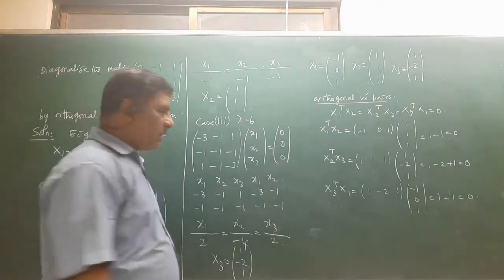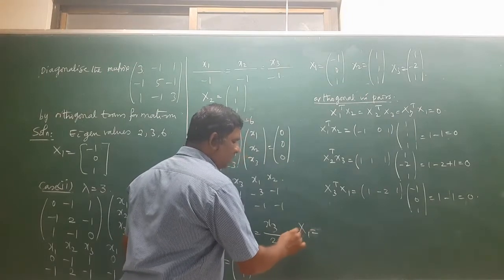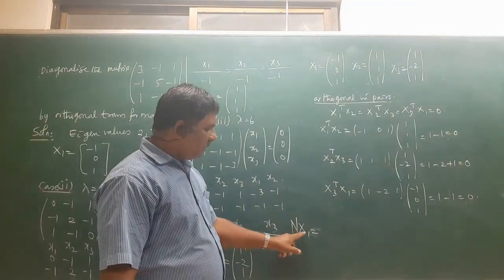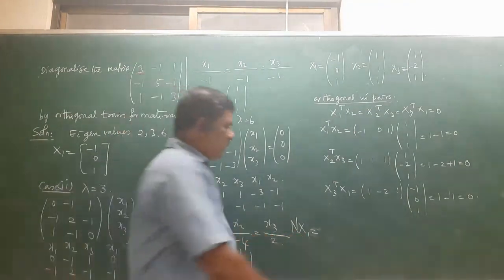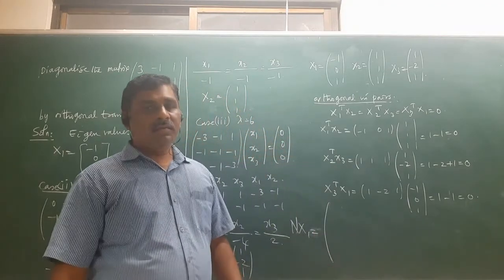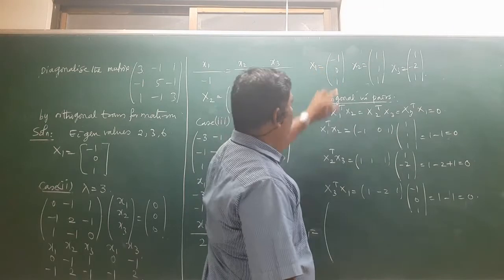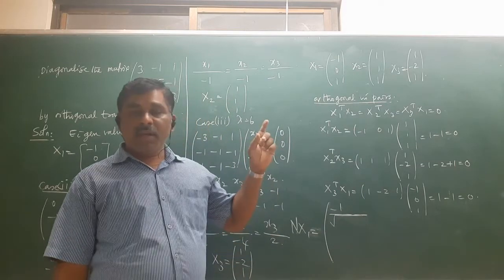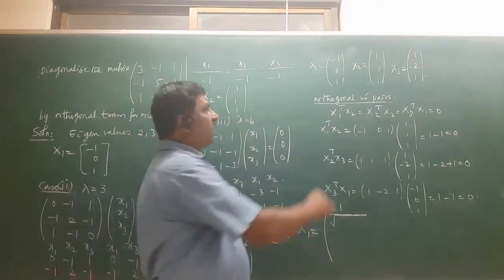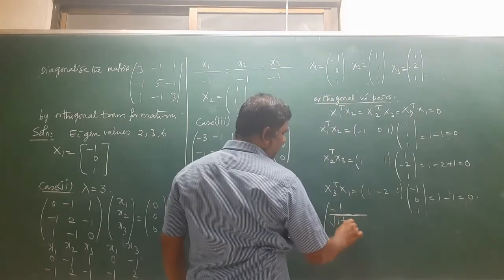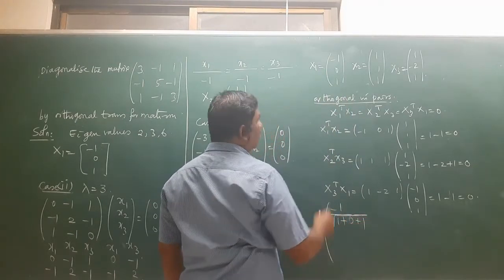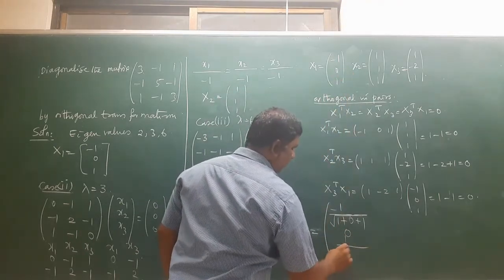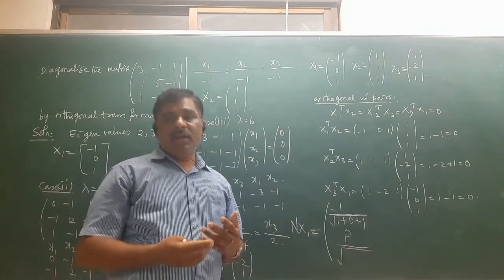For x1, the normalized eigenvector nx1 is: write minus 1 divided by the square root of the sum of the squares of all the elements, so minus 1 squared is 1, plus 0 squared is 0, plus 1 squared is 1. Similarly, put 0 here, and the last one is 1 divided by the square root of the same sum.